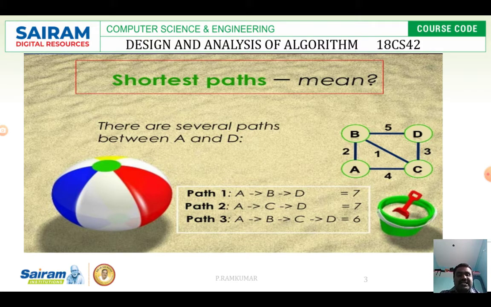Likewise ABCD means A to B is 2, B to C is 1, so 3, then C to D is 3, so 6. So totally the cost of the path is 6.